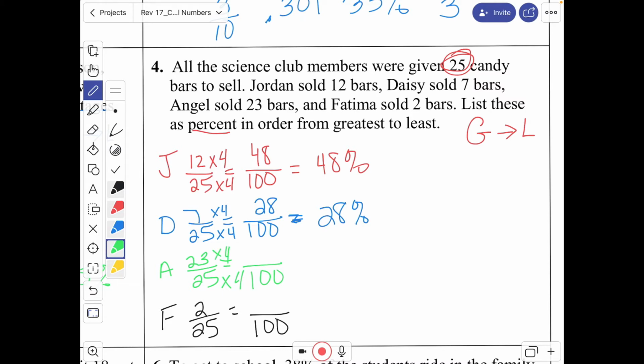Angel, again, times 4, and 23 times 4 would make 92 out of 100, which is 92%.